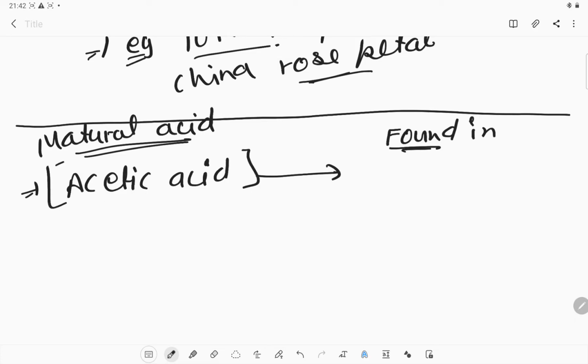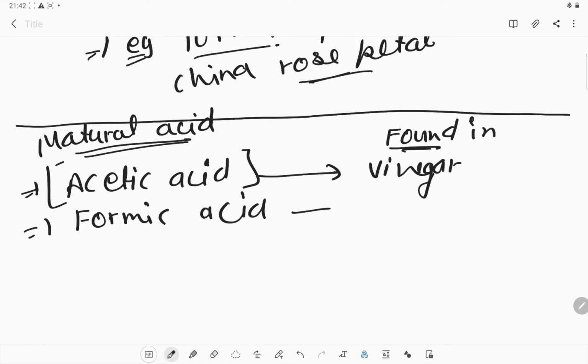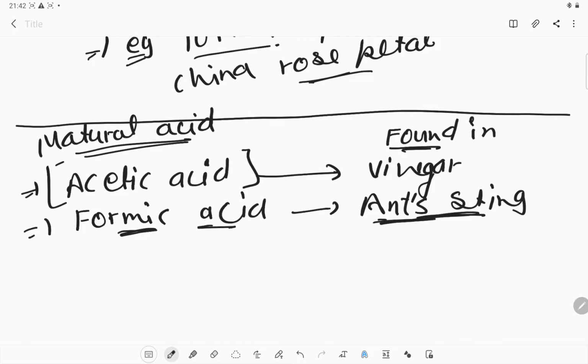Acetic acid is found in vinegar, okay. What else? Formic acid. Formic acid is present when an ant stings us. That ant sting contains formic acid, and due to that acid we feel irritation on our skin because the ant has attacked us.